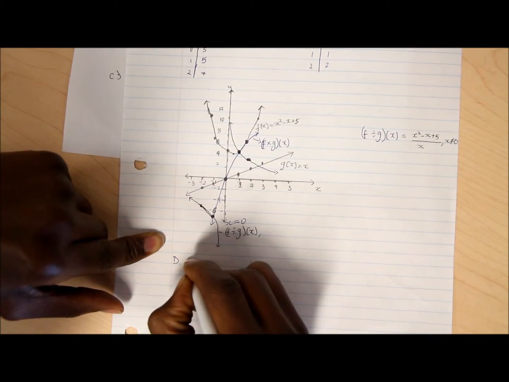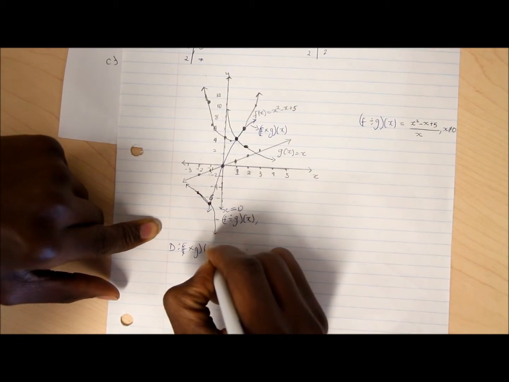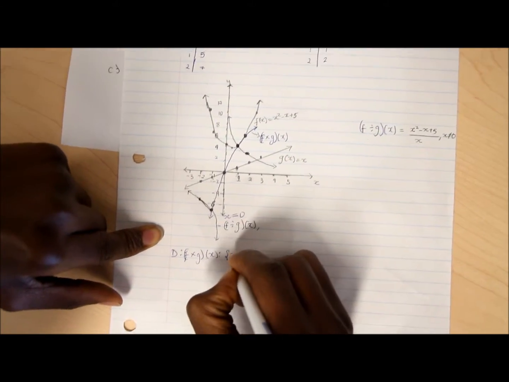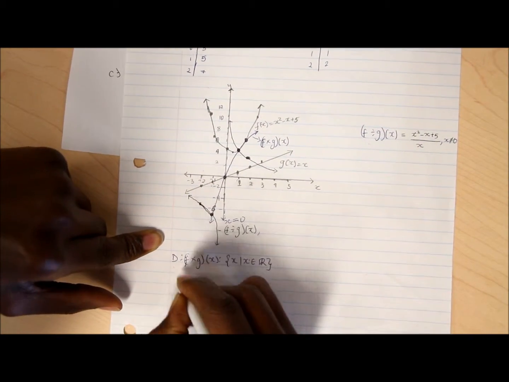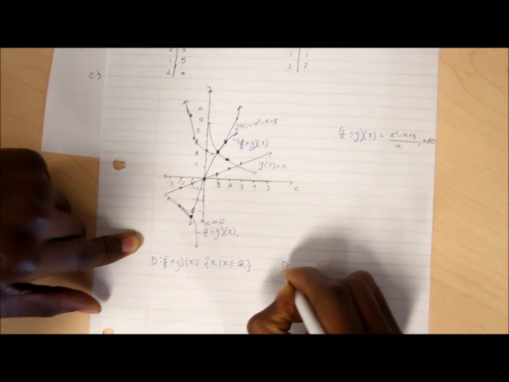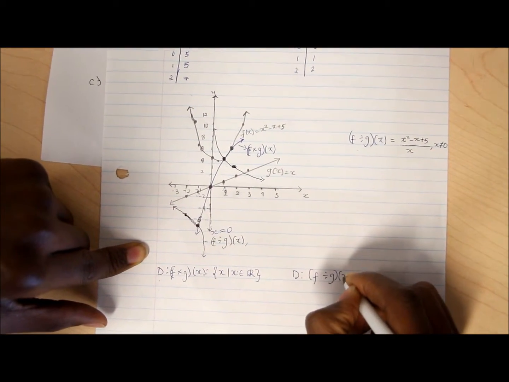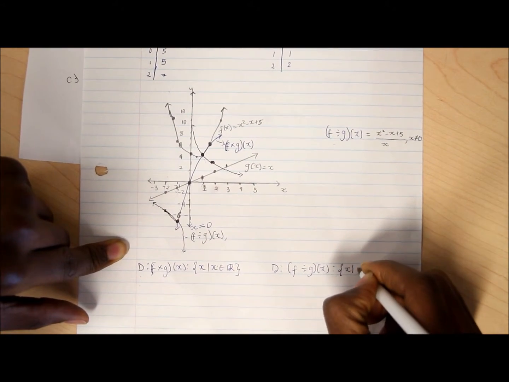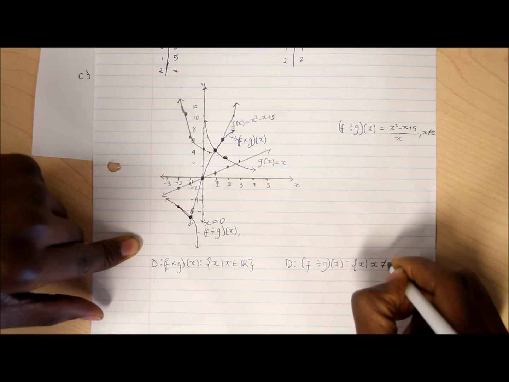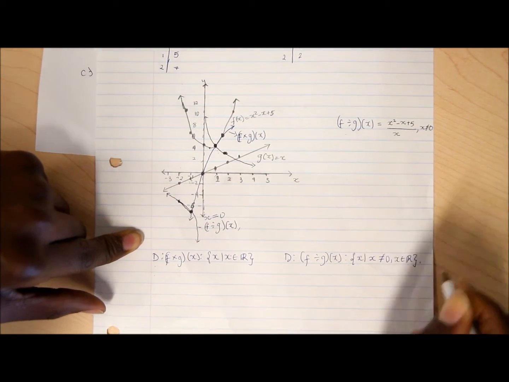The domain of f times g of x is x such that x is an element of all real numbers, and the domain of f divided by g of x is such that x cannot be equal to 0, and x is an element of all real numbers. Okay then.